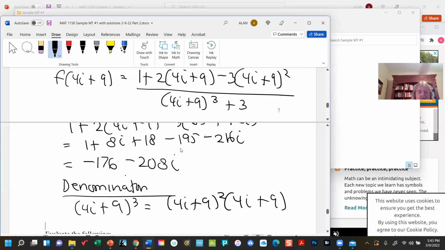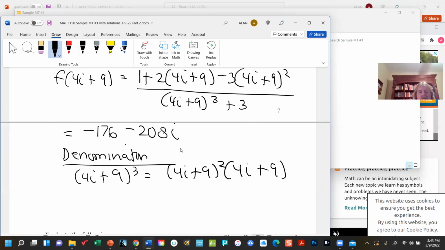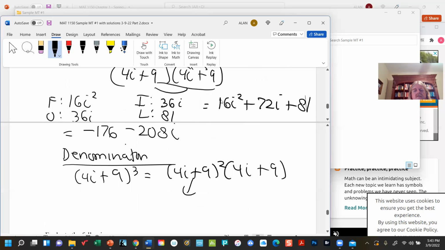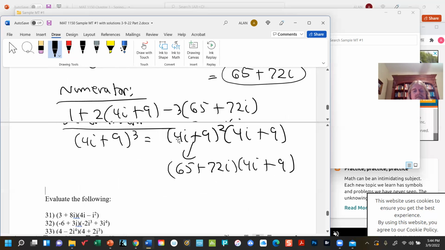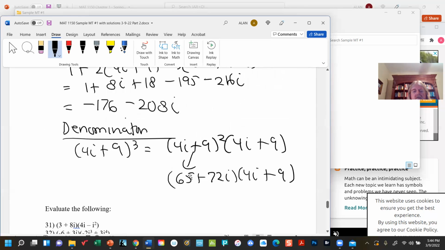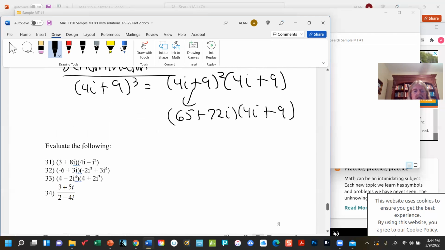But we've already proven from before that this equals 65 plus 72i. So now we can apply FOIL here. And let's see what we get.